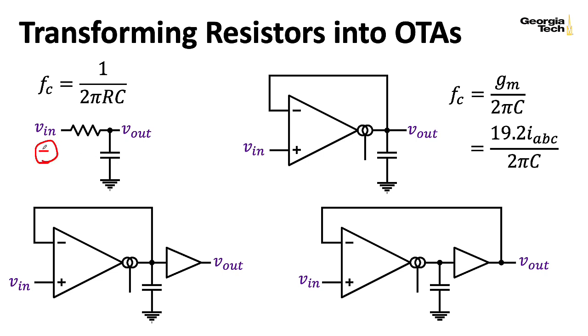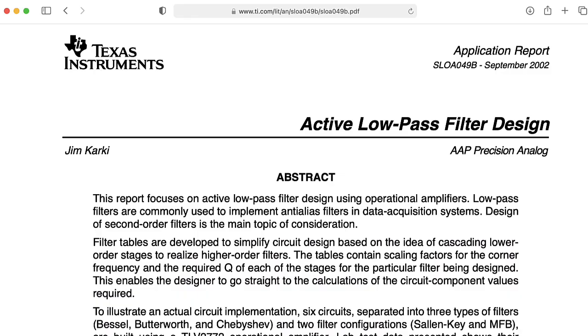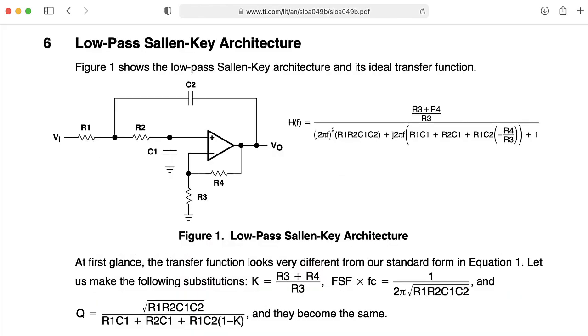We usually assume that VN is being provided by an ideal voltage source, and if we make that assumption, then these two circuits would be essentially equivalent. But of course, if this is not an ideal voltage source, then these would be doing different things. And this issue comes up when we look at using this kind of OTA replacing resistors trick on Sallen-Key filters. So we'll look at the consequences of that in a later lecture.